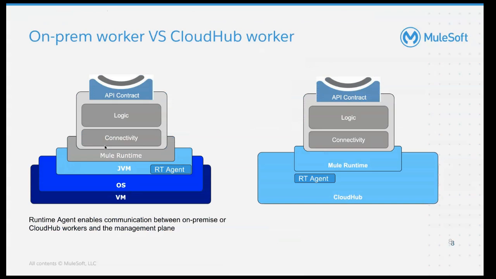So the way the data center and the management plane are able to communicate with each other is this runtime agent. The runtime agent makes sure that the connection is established, and all your on-prem applications are being discovered in your management plane. That's the on-prem version of it.